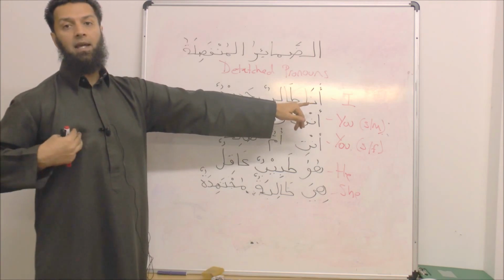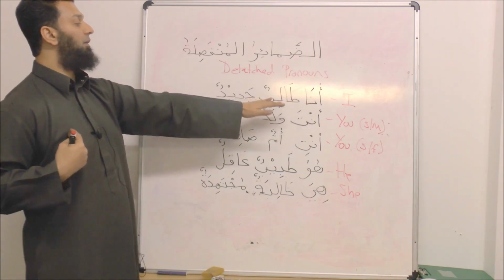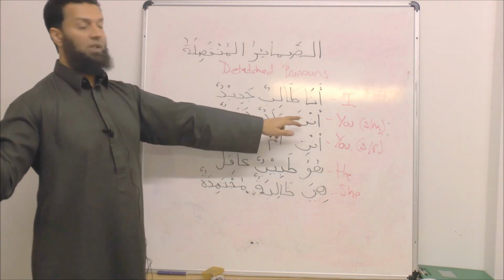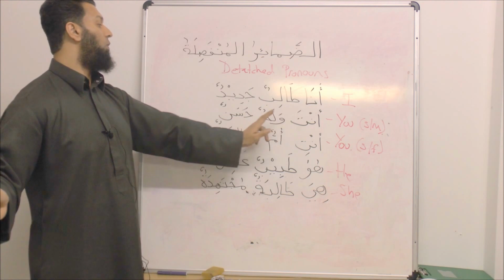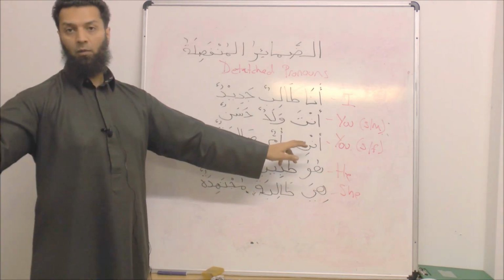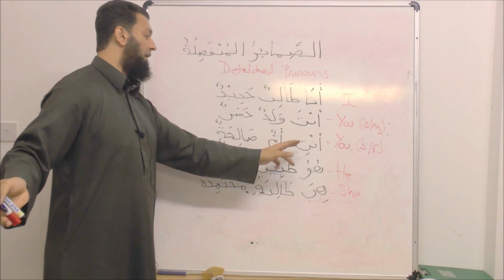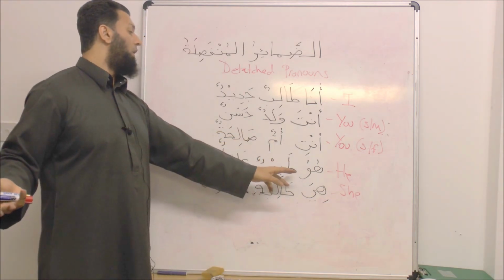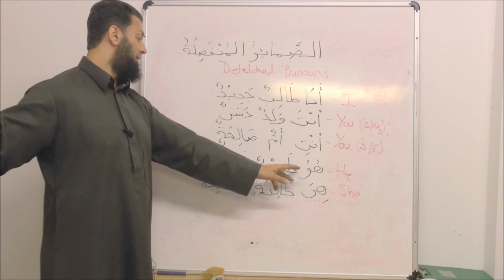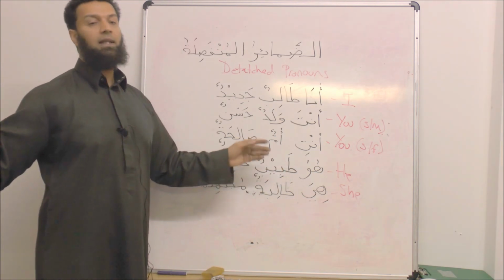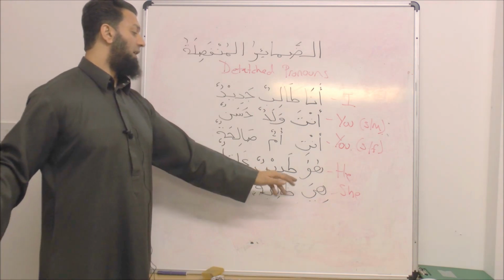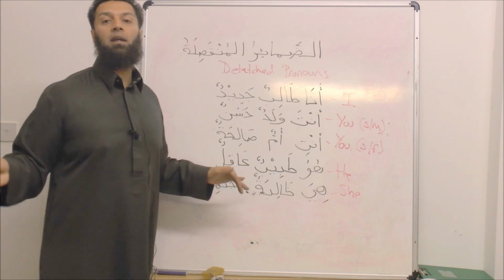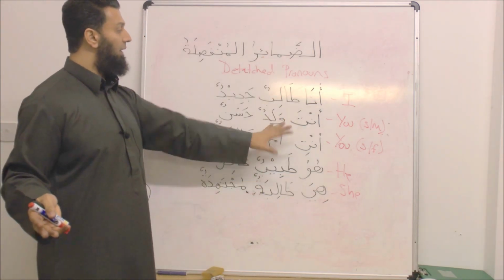So the first being أنا, which is I, and we gave the example of أنا طالب جديد, I'm a new student. أنت, you, when speaking to a single male, أنت ولد حسن. أنت, when you're speaking to a single female, أنت أم صالحة, you are a pious mother. هو, referring to he, هو طبيب عاقل, he is an intelligent doctor. And the final one here, she, هي طالبة مجتهدة. And those are the 5 that I wanted to mention.